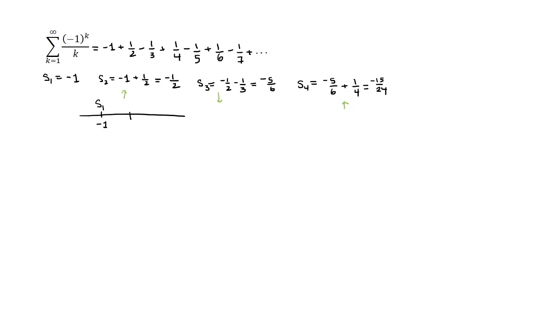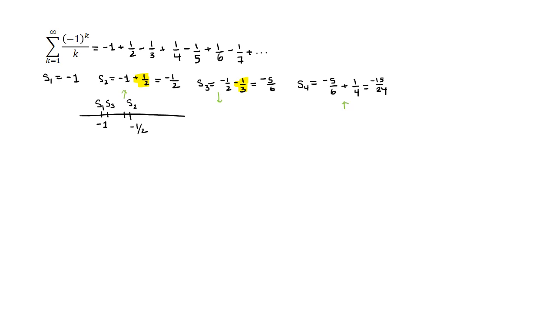S2 is a little bit to the right at negative 1/2. S3 is over here. Notice that we're subtracting 1/3 here, which is smaller than the term that we added, 1/2. So we're not going to get more negative than S1 was. We can't make up that ground.